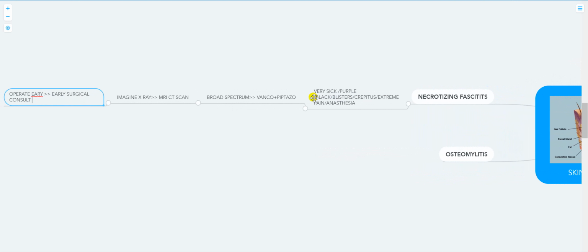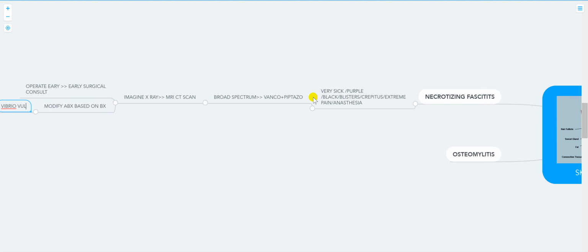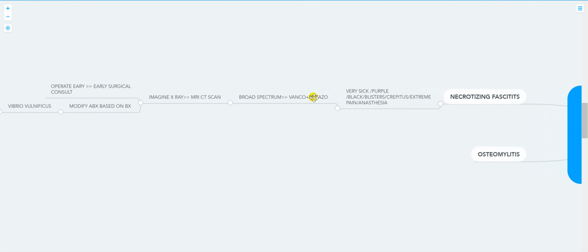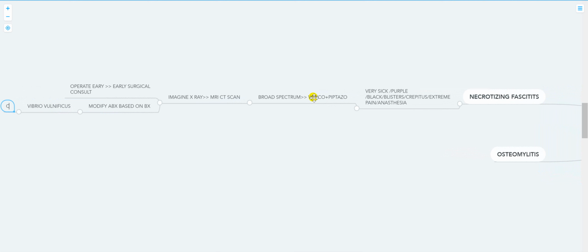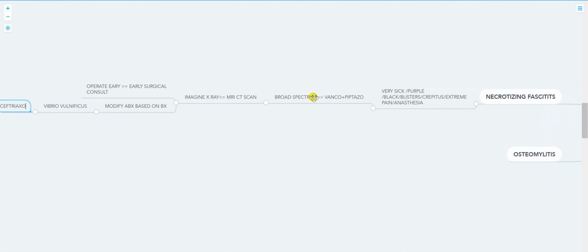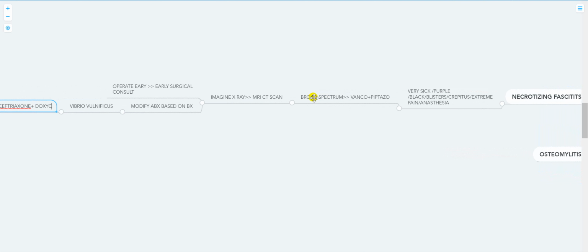They may need that, and you modify antibiotics based on the biopsy. So if it's Vibrio vulnificus, which could cause a very severe cellulitis, then we do ceftriaxone plus doxycycline.